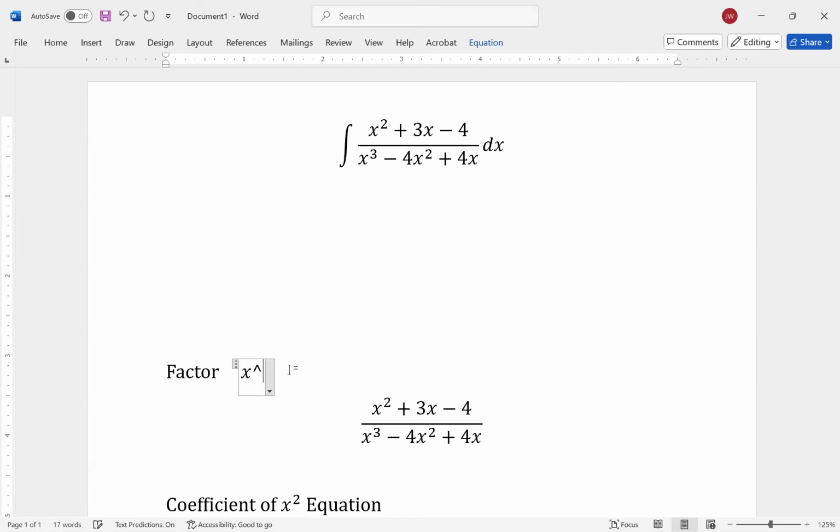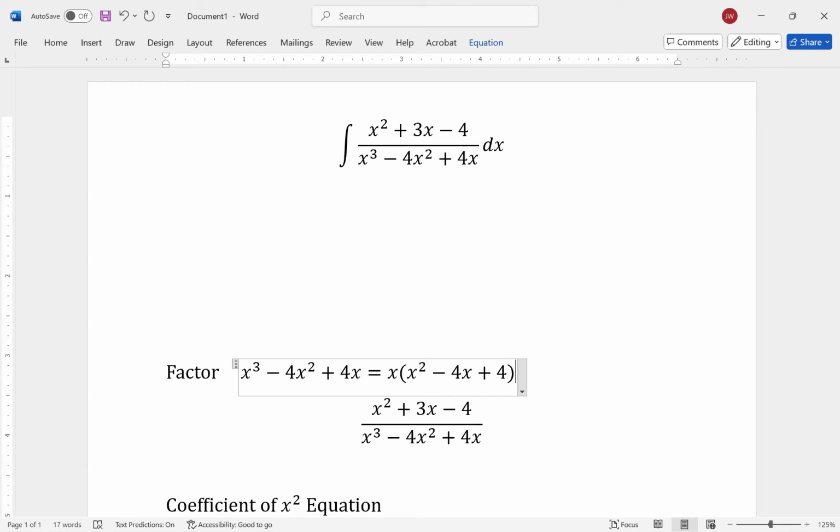So we got x to the third minus 4x squared plus 4x. The first thing I'm going to do is factor out an x. That'll leave x squared minus 4x plus 4.